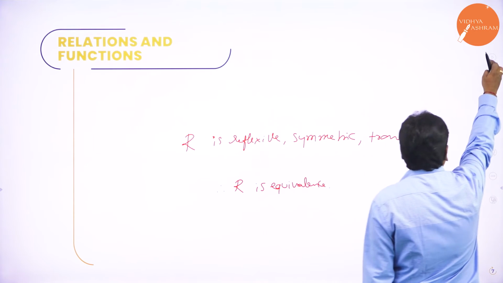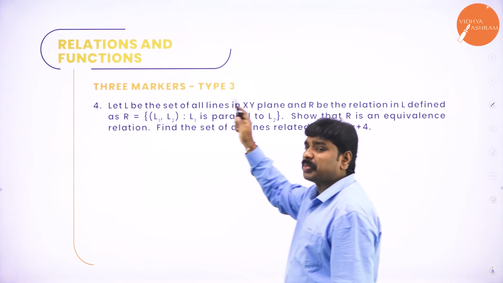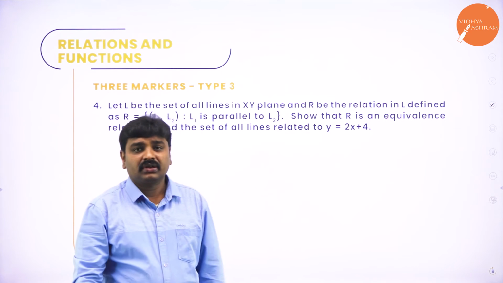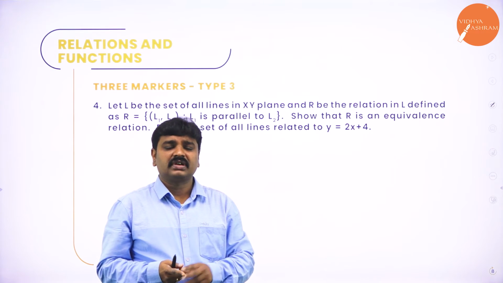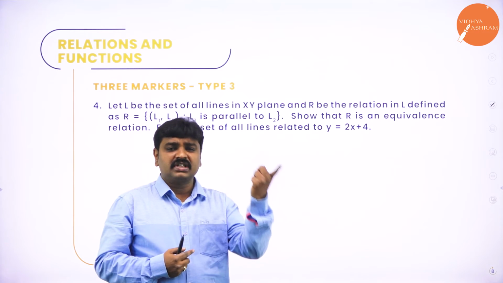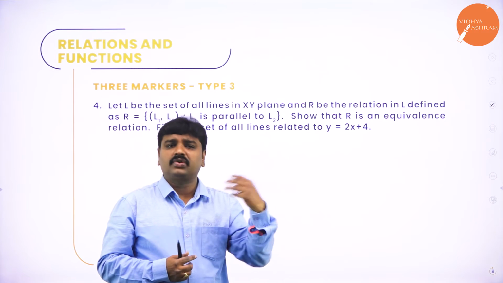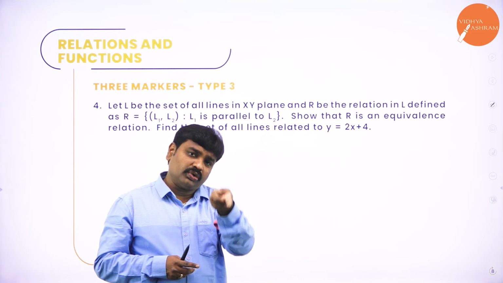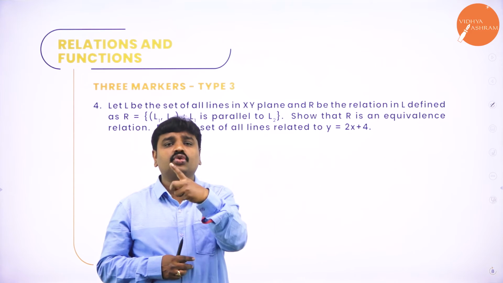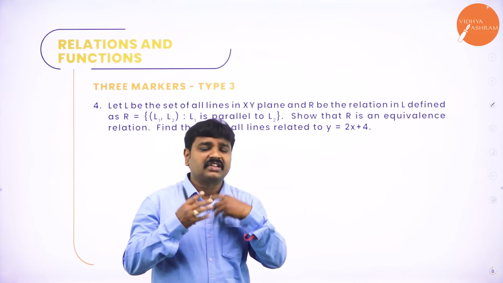On the same lines, you can try "is parallel to". See, reflexive: any line is parallel to itself. Second, symmetric: if L1 is parallel to L2, then L2 is parallel to L1. Transitive: if L1 is parallel to L2 and L2 is parallel to L3, then L1 and L3 should be parallel. So therefore it is transitive.